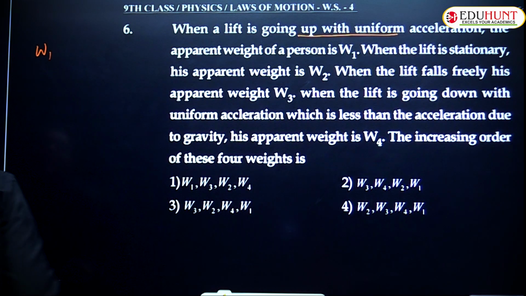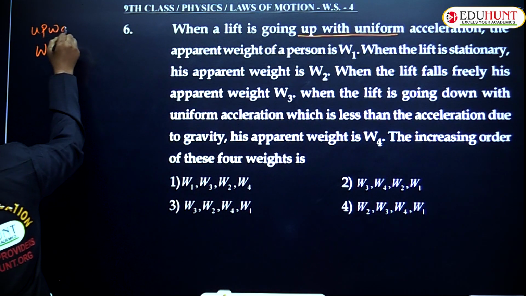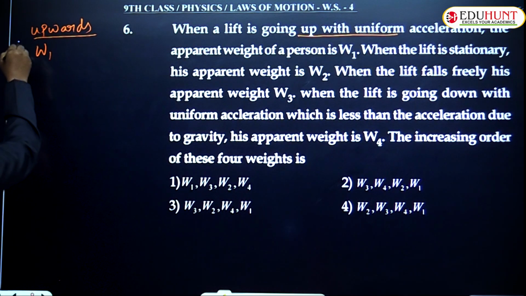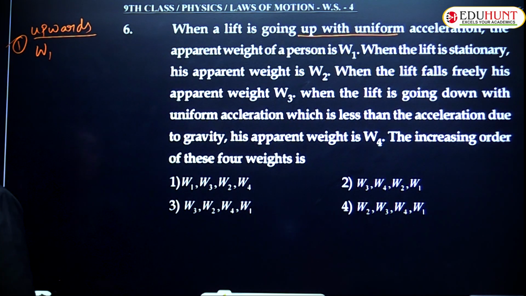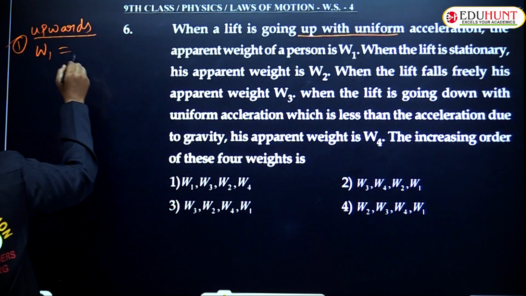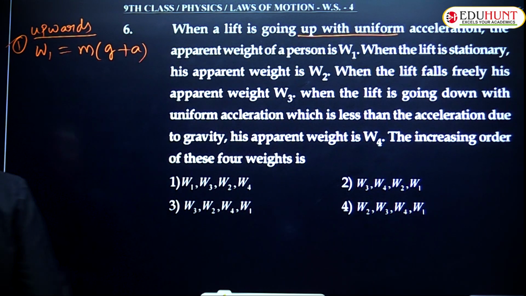Apparent weight, instead of tension, they named it as W1 for upward motion. I won't be writing everything, children, simply write down. When the lift is moving upwards, the normal reaction or tension in the string, whatever is there, is given by W1 equals M into G plus A. Remember this formula I gave you?